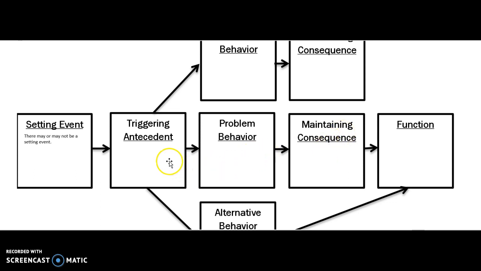Well, if the reason that they did that is because they don't like to do math, and I sent them to timeout, they got out of doing math. So if that's what I do every single time, that's going to maintain them doing that behavior, right? Because they're getting what they want. They're going to do that every single time because it's working for them. It's getting them what they want, which is getting out of math.